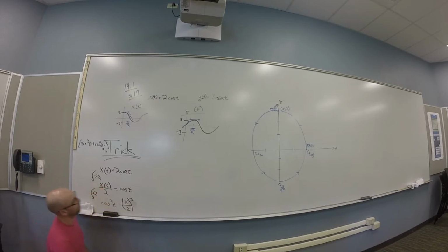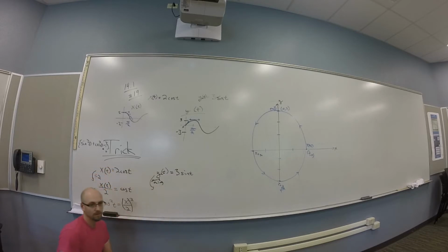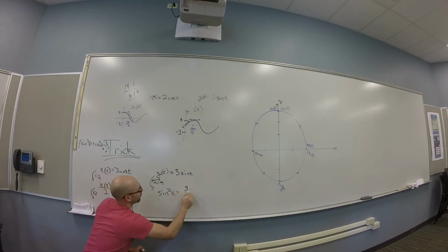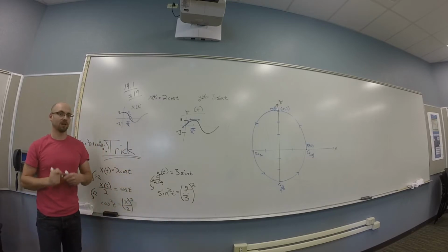And if I do the same thing for y of t is 3 sine t, what are you going to get? Same thing. You're going to get sine squared of t is y over 3 quantity squared. You guys see that? And what do I know about sine squared plus cosine squared?